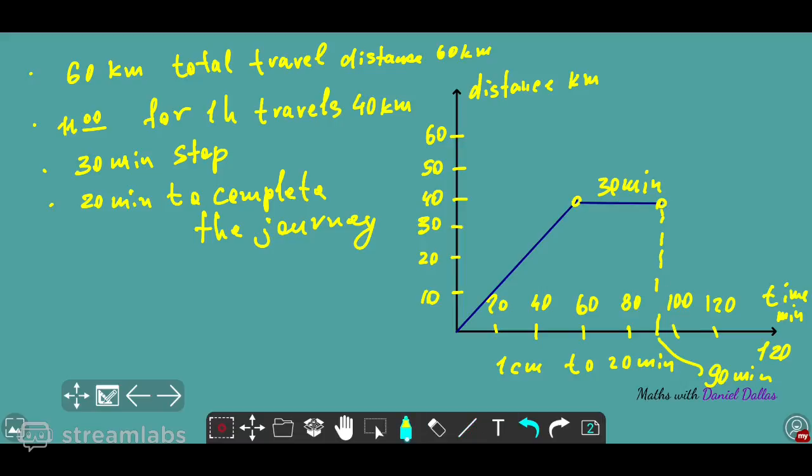I mean, don't tell me the time at which time, but the point on the coordinates. On the time axis. Yeah. I mean, if she travels from, let's say, point A, this is point B. From point B to point C, she travels 20 minutes. And that's how she completed the journey.